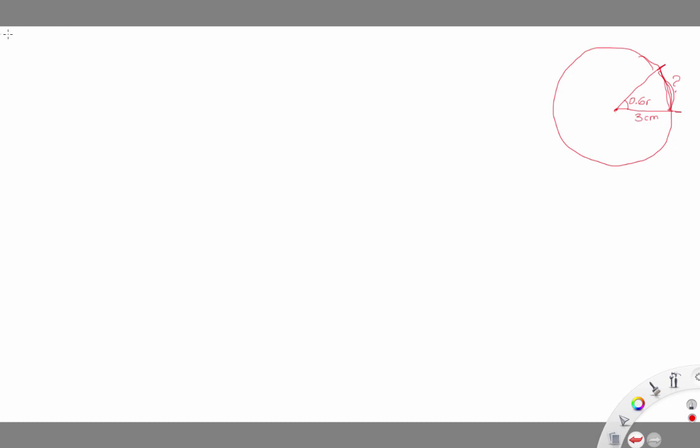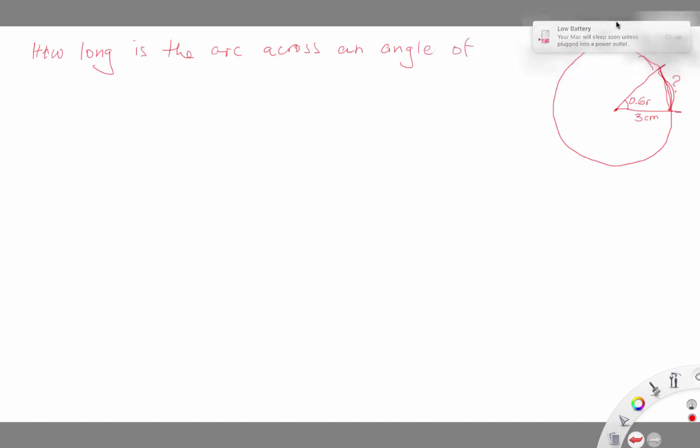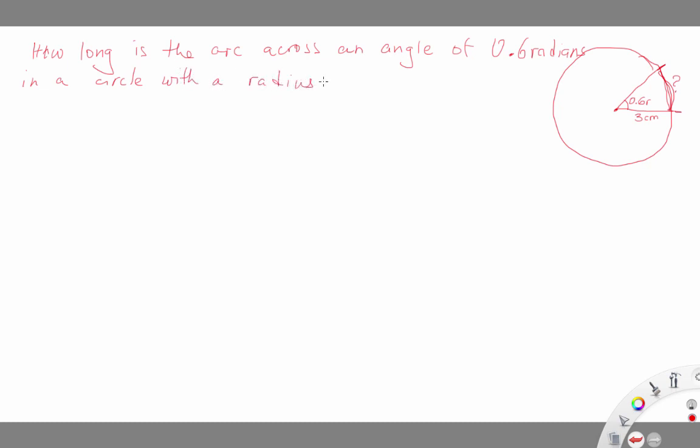Okay, so the question we're going to answer is how long is the arc across an angle of 0.6 radians in a circle with a radius of 3 centimeters.